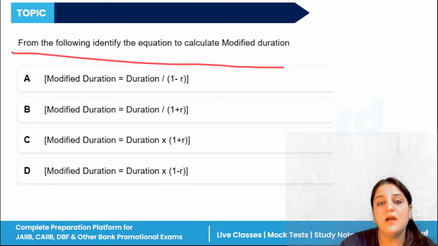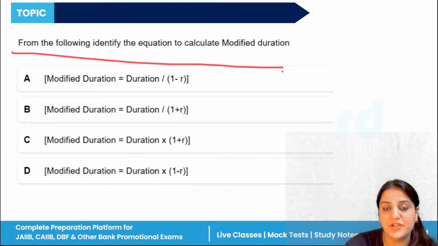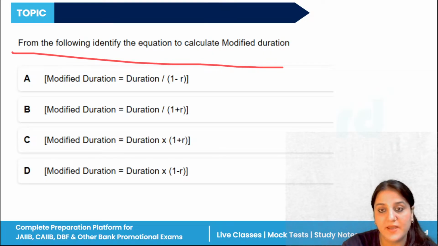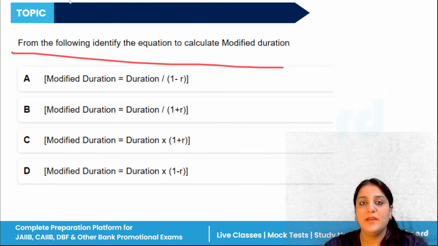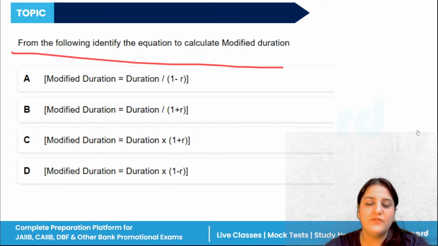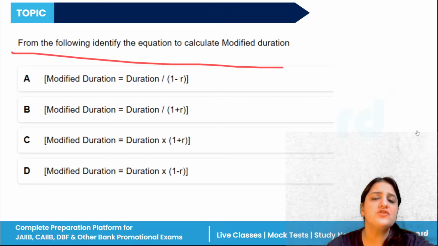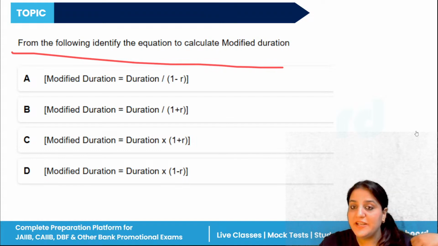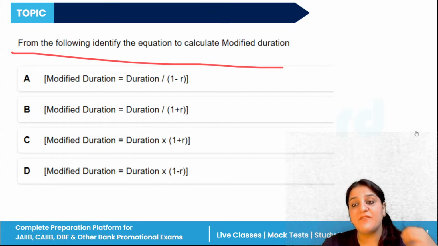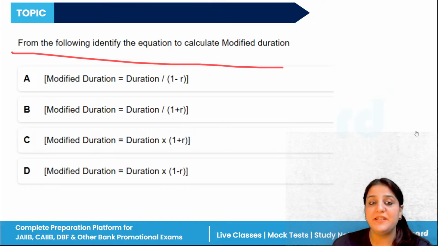Okay, from the following, identify the equation to calculate the modified duration. Which formula is correct here? Obviously we know that modified duration is a measure of the sensitivity of a bond price to changes in interest rate, and it is calculated as Macaulay duration divided by 1 plus the yield to maturity divided by the number of compounding periods per year.